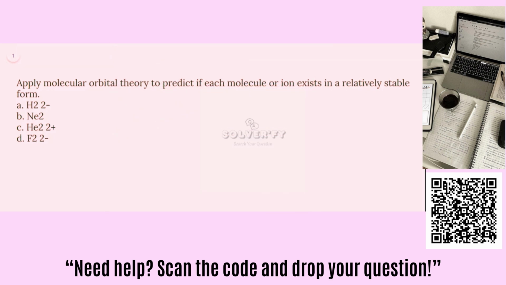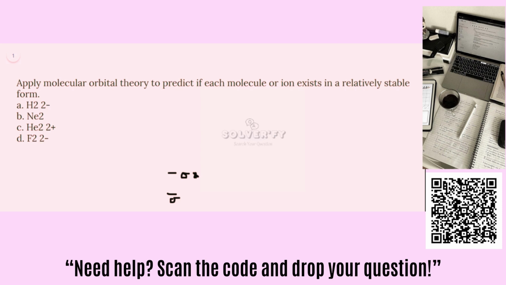So in order to use molecular orbital theory to predict if these molecules or ions exist in stable forms, we're going to first need a sort of orbital diagram that we can work with. We start at the bottom with a sigma and a sigma star, which indicate the s orbitals.